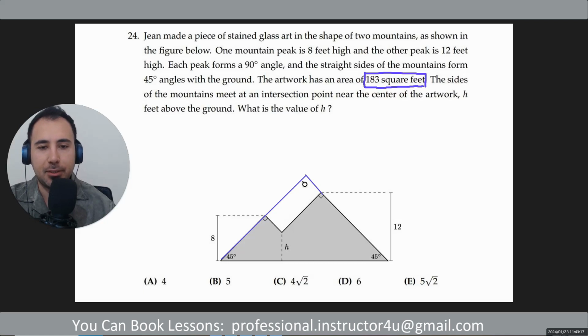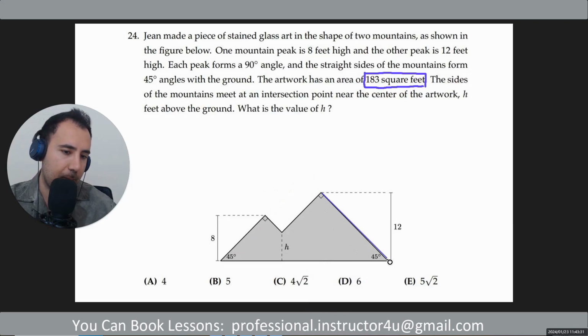Then I started thinking like this. Let's first find this value. I also have this. So what is the value of this? Can you think about it? This is what we can find, because now if I draw this and I draw this as well, this will be again 90 degrees.